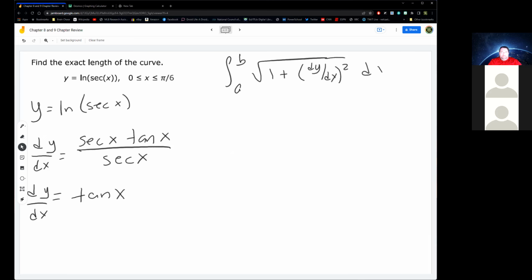Just to chain rule it up real quick: the derivative of ln of x was just 1 over x, and obviously the x at this point is secant of x. So that's that. Technically the whole thing is not done.